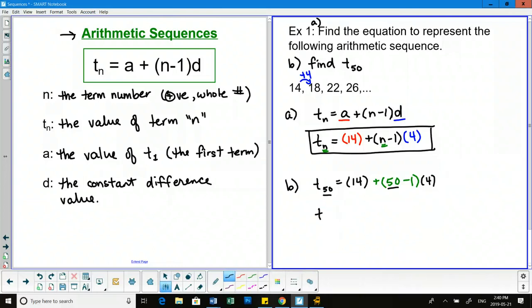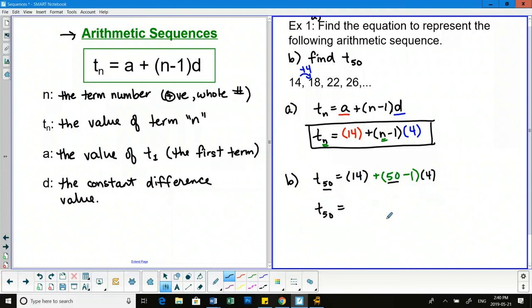Okay, and then we're just going to calculate. So term 50 is equal to 49 times 4 plus 14. So someone can calculate that quickly for us. Marissa, what'd you get? Got 2,744. Anyone else?